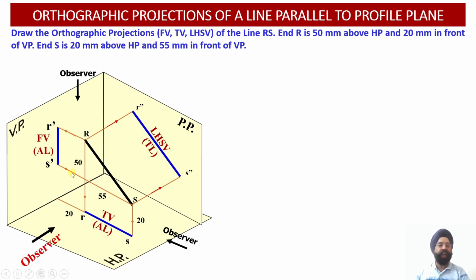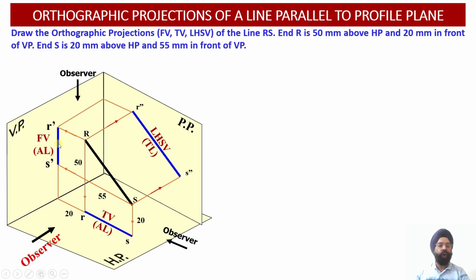In order to establish the relationship between front view and top view, we need to draw another construction line or projector line. The moment we draw these 2 projector lines, we will be able to establish the relationship between front view and top view projections corresponding to this line RS.